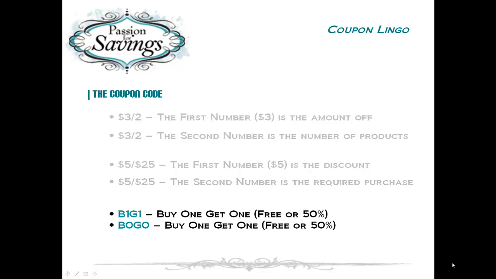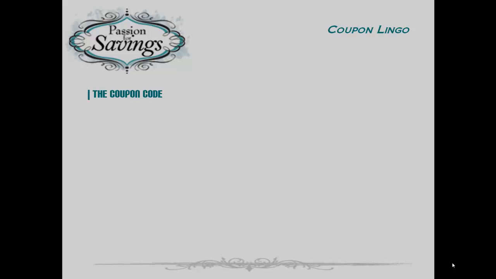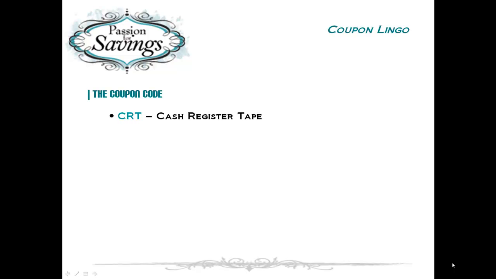Also, a buy one get one free or a buy one get one 50% off coupon, you don't really see a buy one get one 50% off coupon as much as you do a sale, but you're going to see these abbreviations with both of those. You're either going to see B1G1 for buy one get one or BOGO for buy one get one. Either way, that's what that means, and you'll see both just depending on which kind of site you're on.